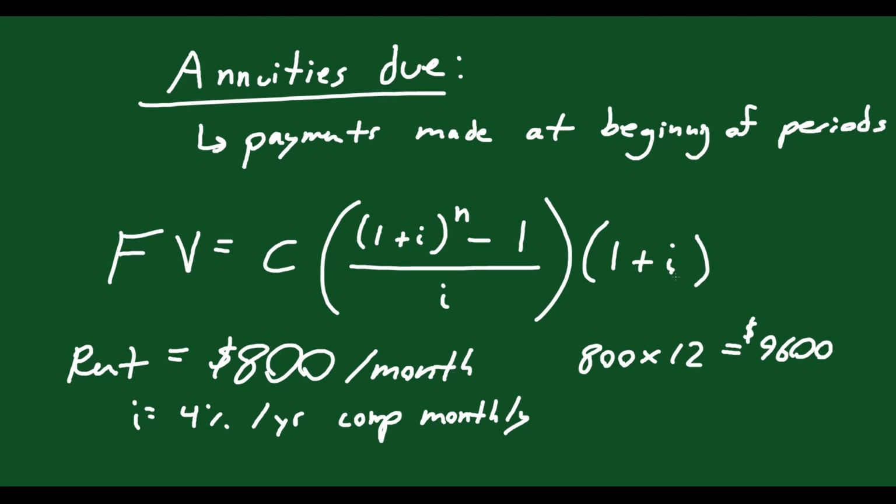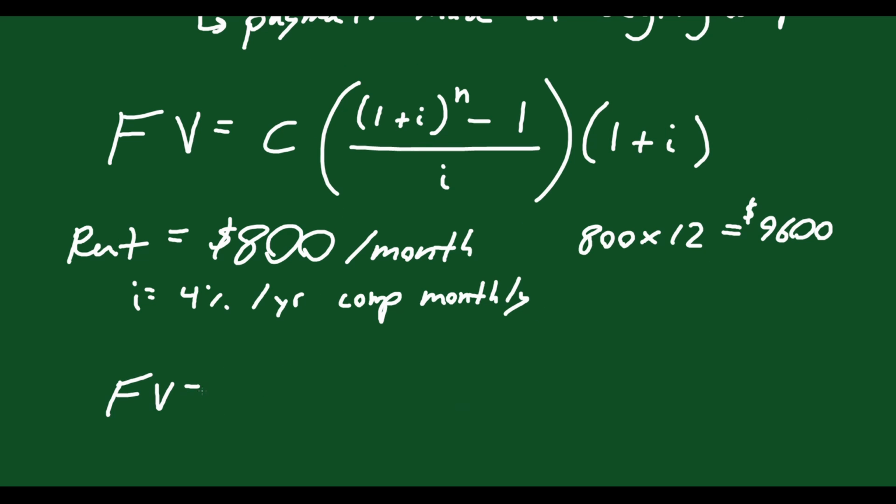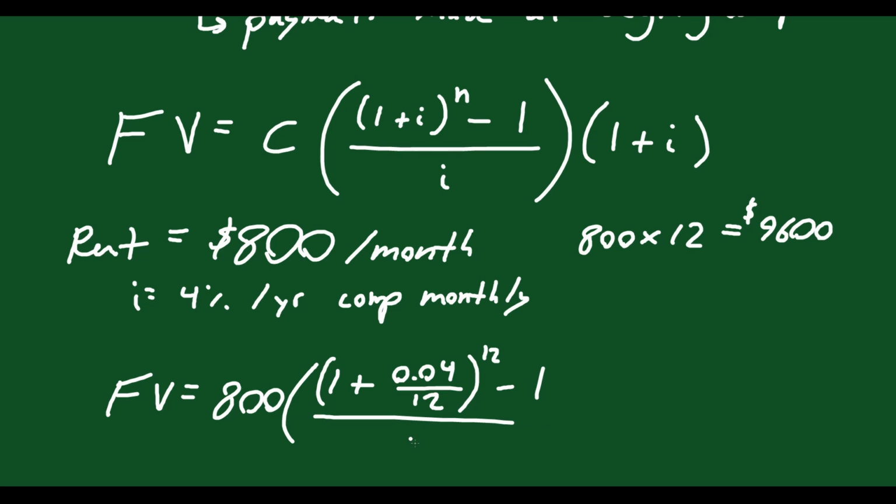Okay, so let's calculate this. Future value is equal to C, which is $800 a month, times 1 plus the interest rate, which is 0.04 as a decimal, divided by 12 because it's compounded monthly, to the exponent of 12 because there are 12 payments being made, minus 1, divided by 0.04 over 12, times 1 plus I, so 1 plus 0.04 over 12.